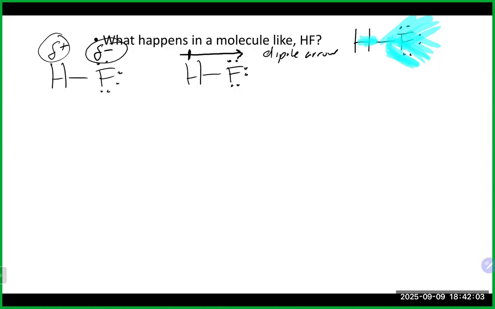So the end result is we end up with partially negative charges and partially positive charges. Why are they only partially positive and partially negative, and not a full positive and a full negative charge? Why is that?